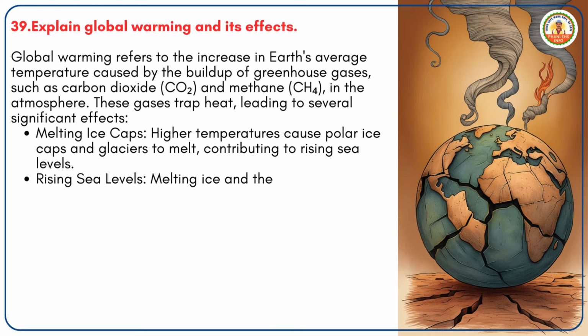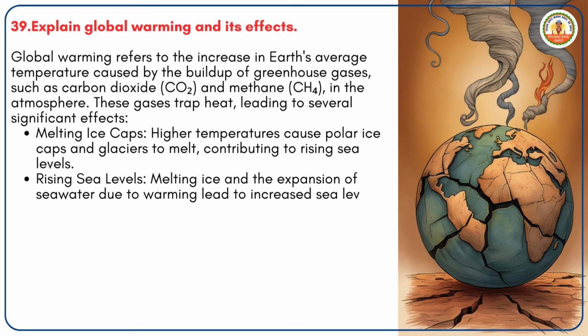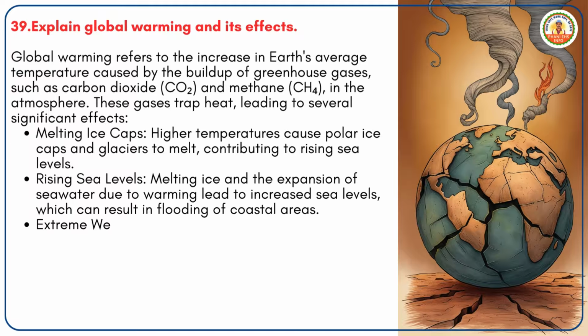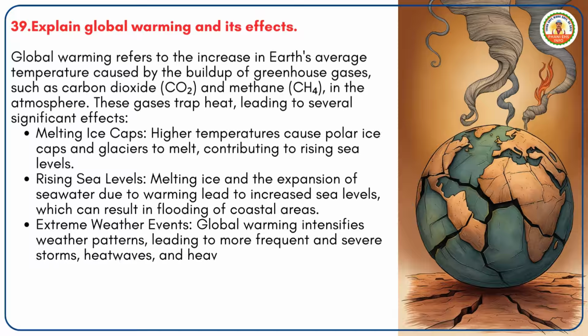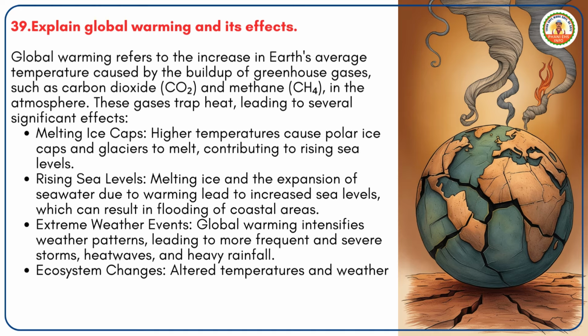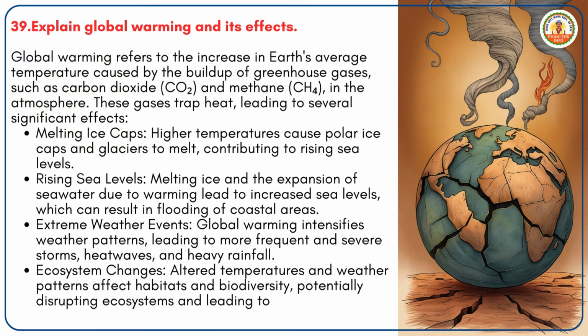Rising sea levels, melting ice, and the expansion of seawater due to warming lead to increased sea levels, which can result in flooding of coastal areas. Extreme weather events. Global warming intensifies weather patterns, leading to more frequent and severe storms, heat waves, and heavy rainfall. Ecosystem changes. Altered temperatures and weather patterns affect habitats and biodiversity, potentially disrupting ecosystems and leading to species extinction.